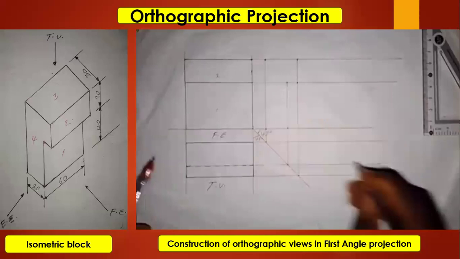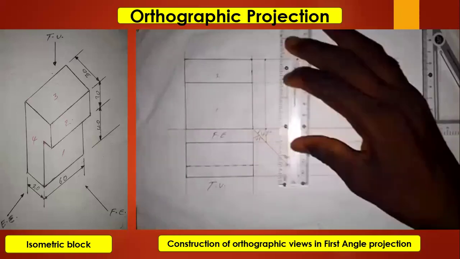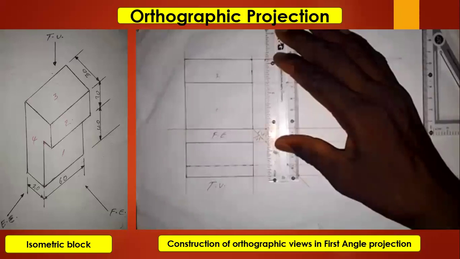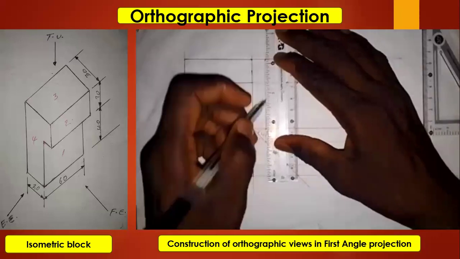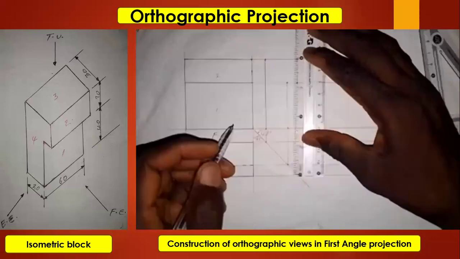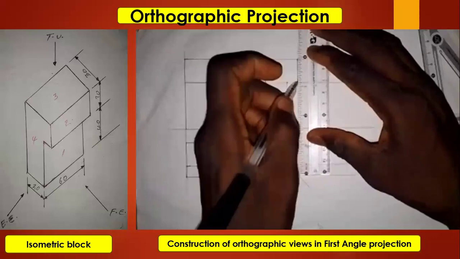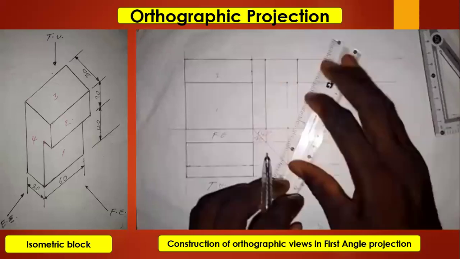What I need to do now is to bring out the outlines of this object, of this drawing. So this line is also this, also this point.